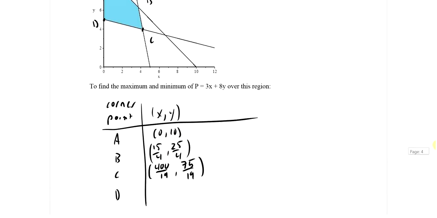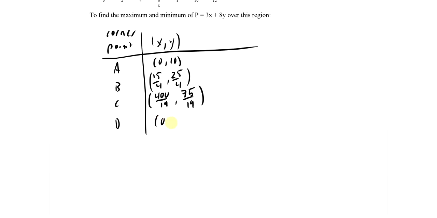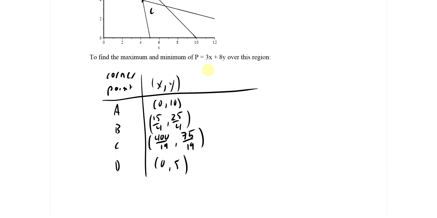And D, you can find the coordinates of that just off the graph. x is 0, y is 5. So those are the corner points. One of them has to be where the maximum is. One of them has to be where the minimum is. The easiest way to figure that out is just plug them into this formula.